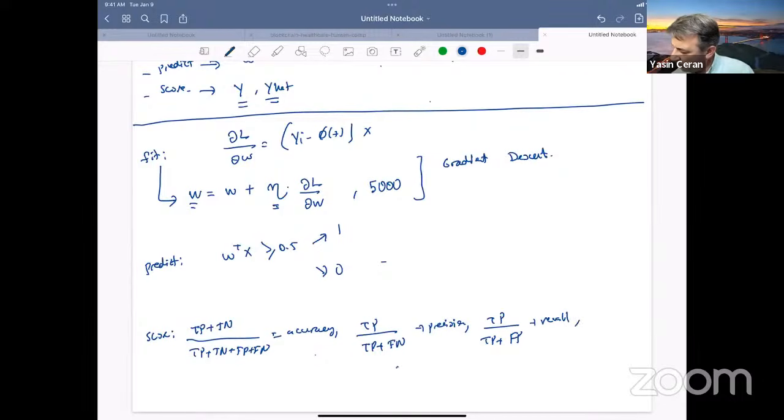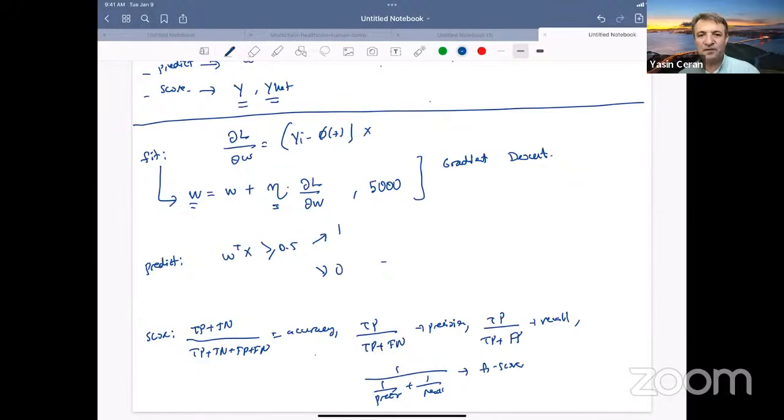And then 1 over precision plus 1 over recall. We're going to call this F1 score. I'm not going to get into these now. These are another lecture. And we're going to find each of these for score. So that is what we're going to do. Okay, 3 things.